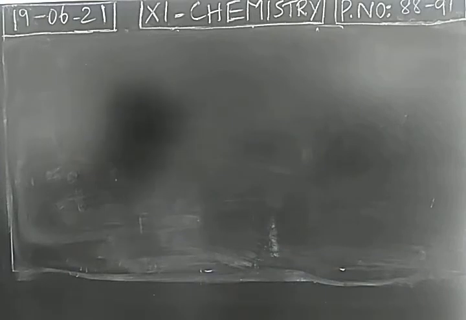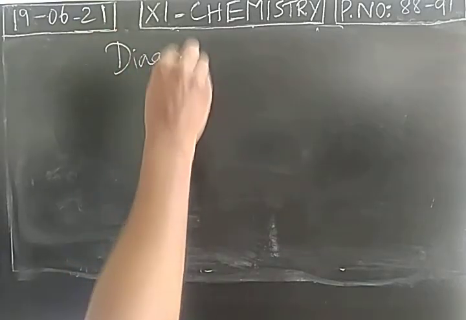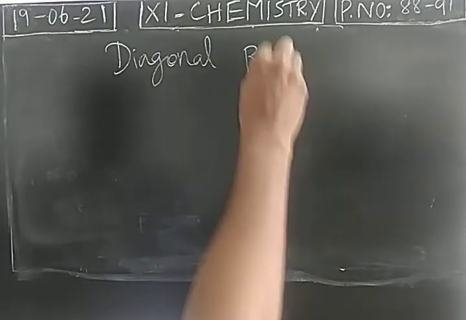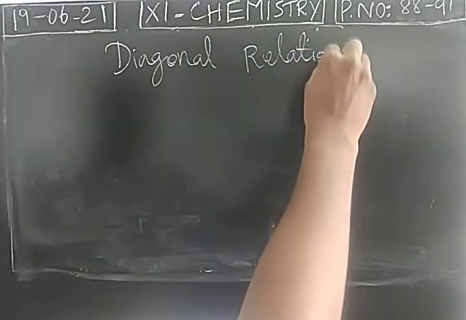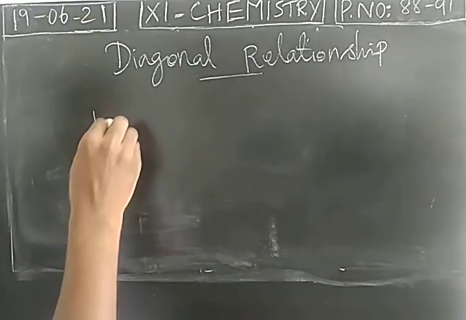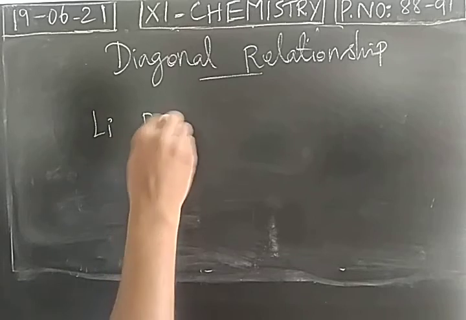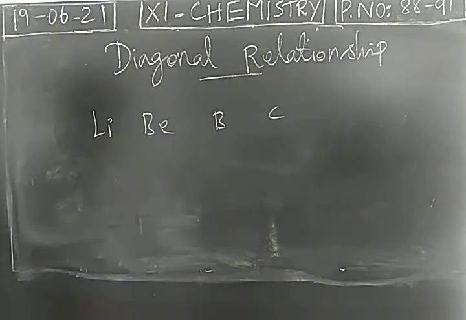Then what is diagonal relationship? Consider second period and third period elements. Lithium, beryllium, boron, carbon, like that.